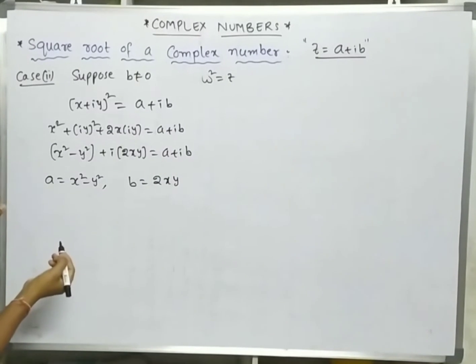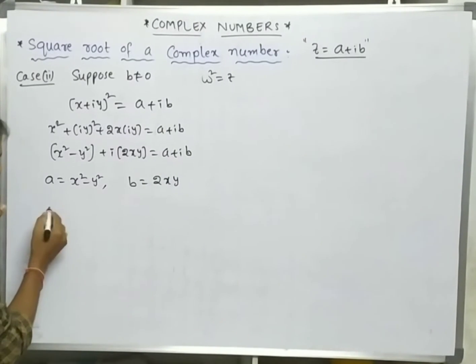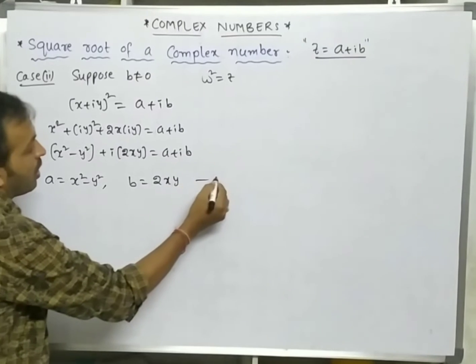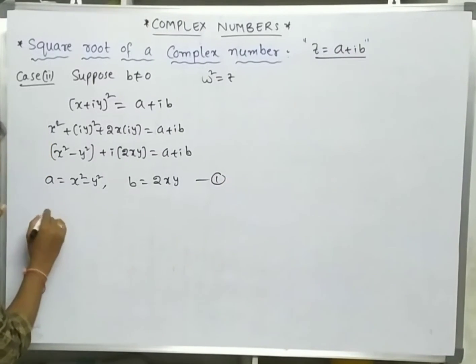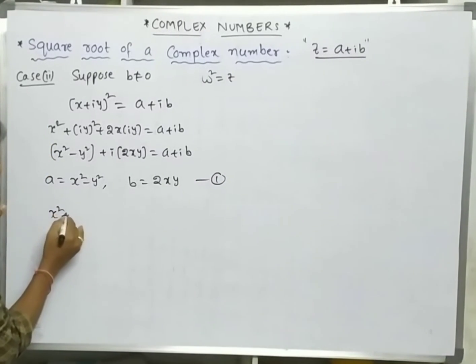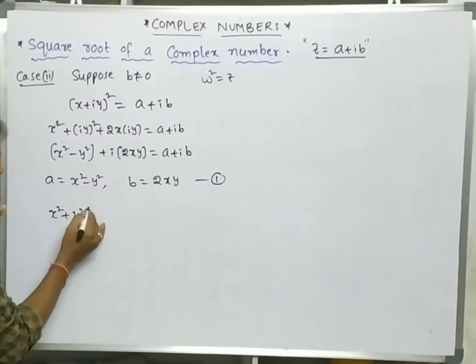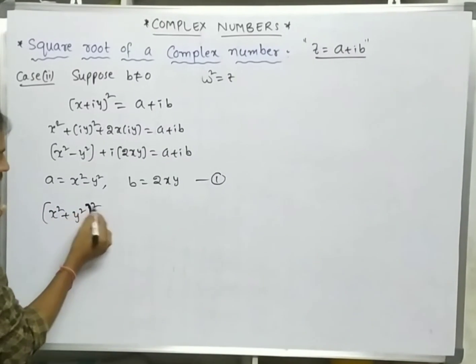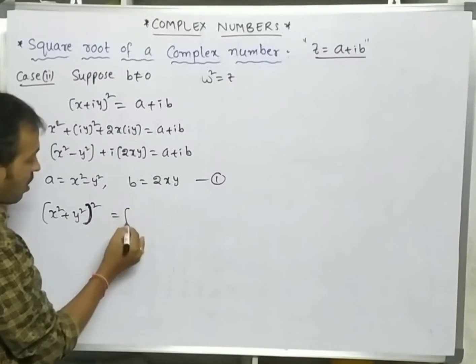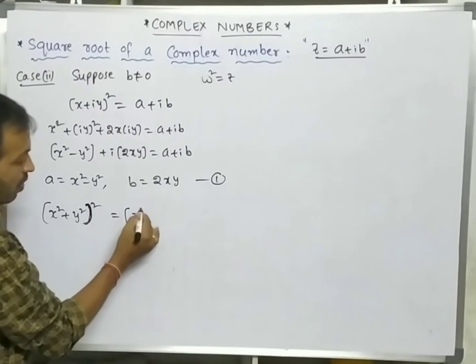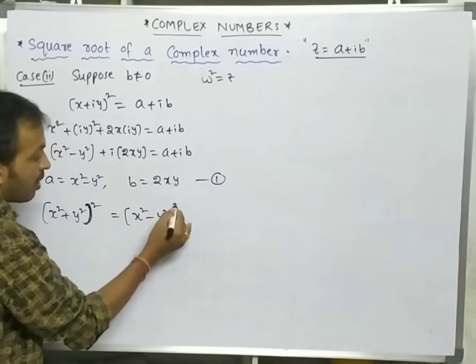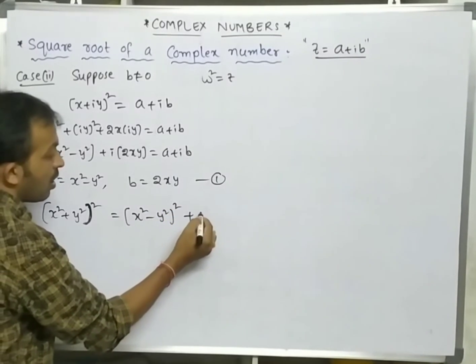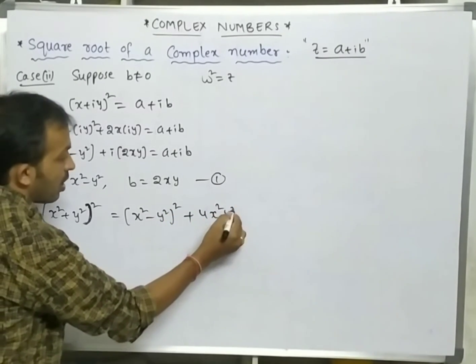Okay, this is equation number 1. Now I am going to find x square plus y square, x square plus y square whole square. So what is the formula for x square plus y square whole square? It is x square minus y square whole square plus 4x square y square.